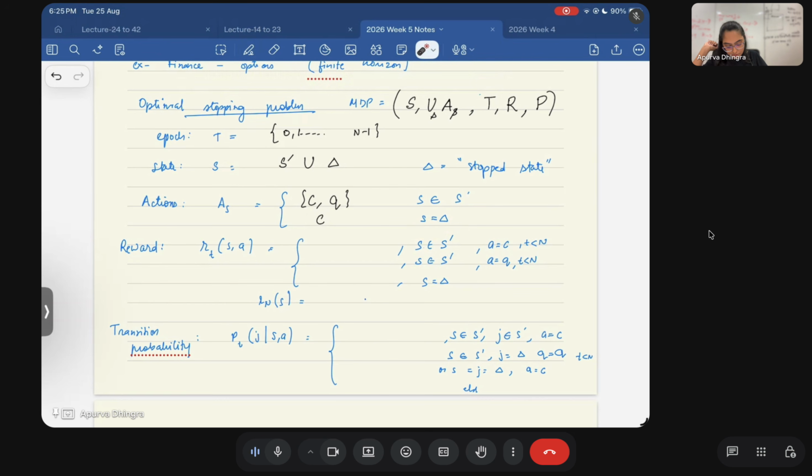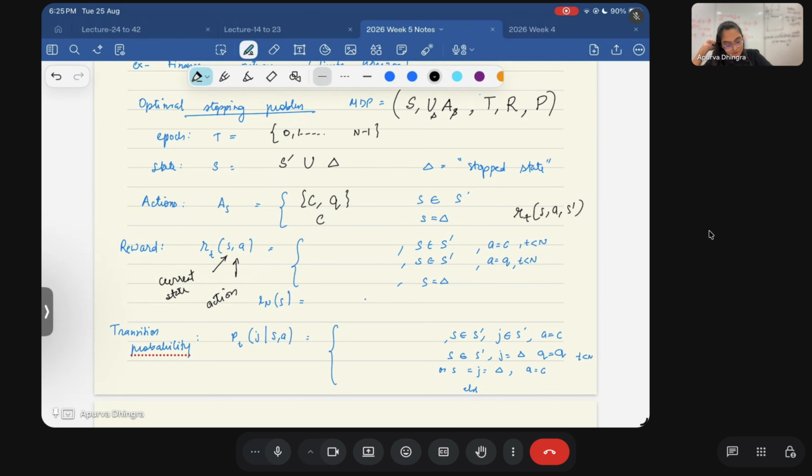Okay. Now the reward model that we have here is based on your current state and your action. If you were interested in R_t(s, a, s'), with the next state, then you could do that also, and the way to connect these two would be to just take an expectation of this with respect to the transition probability.